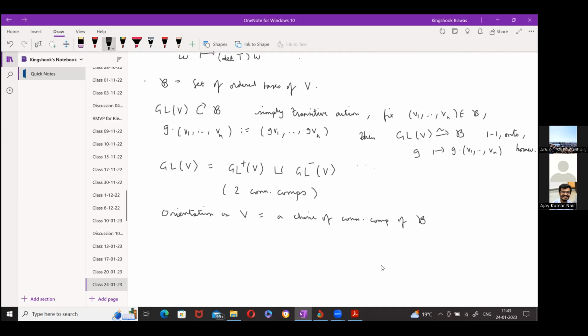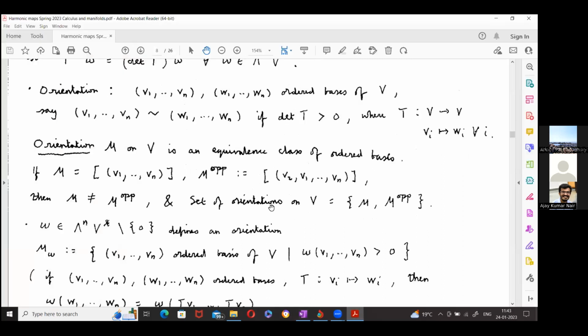Okay, so an orientation is defined to be an equivalence class, right? We define this equivalence relation on the set of ordered bases. Two ordered bases are equivalent if the determinant of the unique linear map taking the first ordered basis to the second ordered basis is positive. So an orientation is an equivalence class of ordered bases.